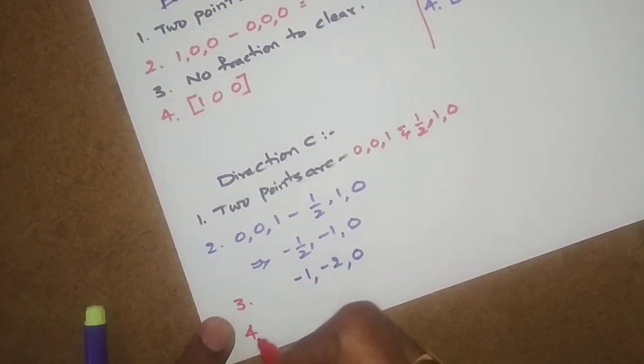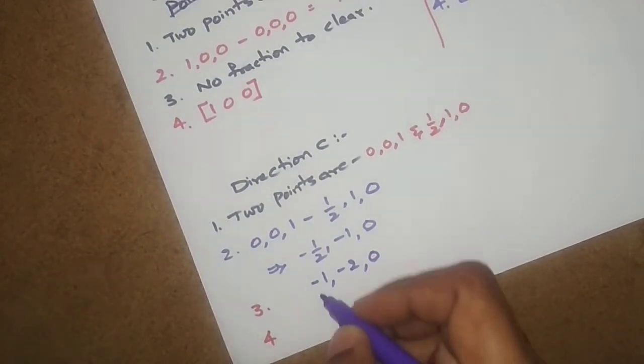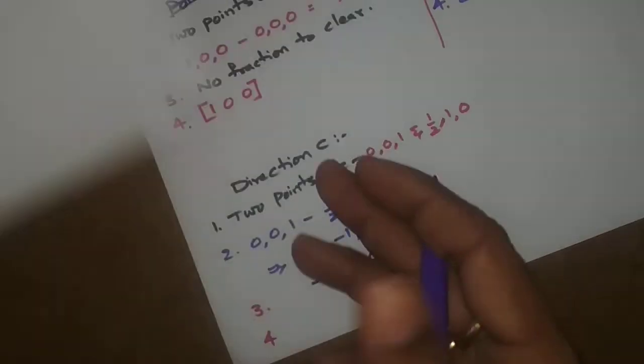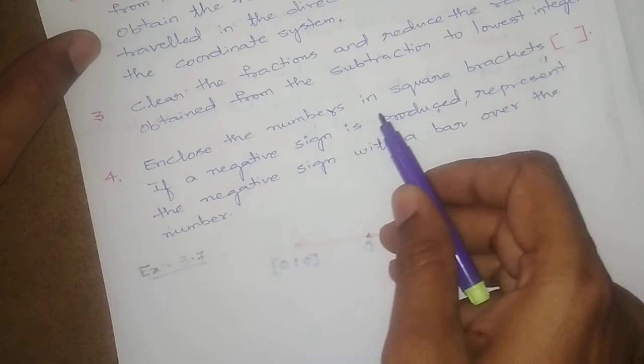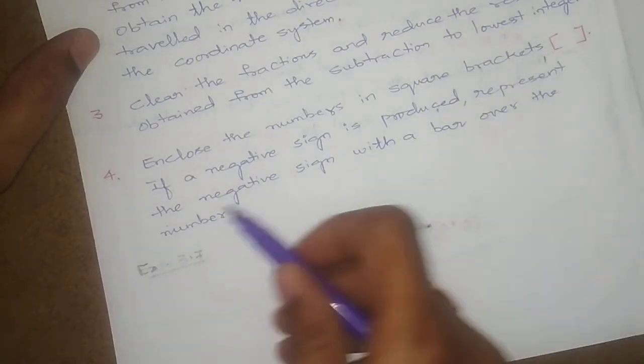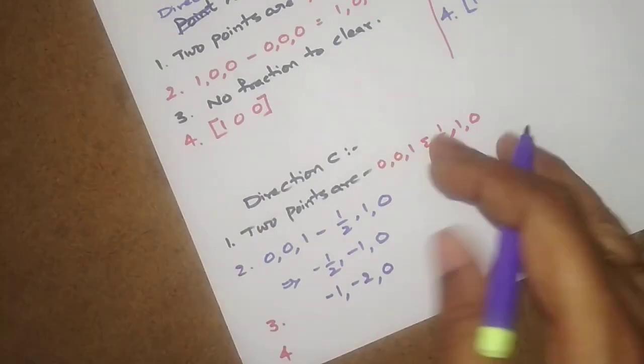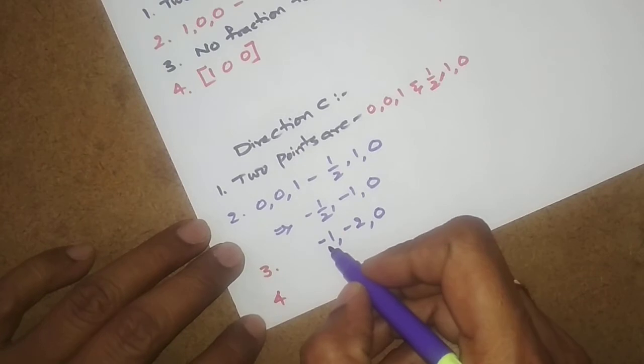The last step is to enclose the numbers in square brackets, and if a negative sign is produced, represent the negative sign with a bar over the number. You can see negative numbers here.